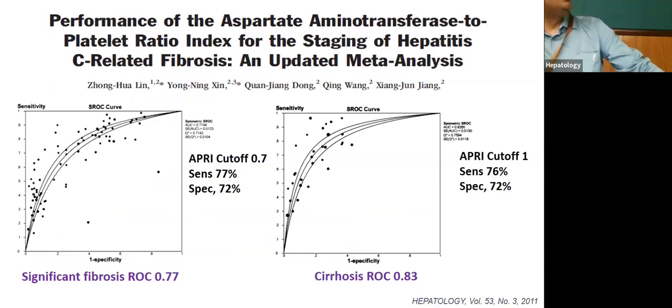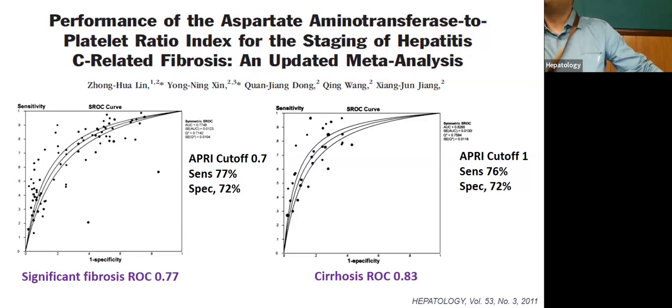So if you see, this was a very good meta-analysis regarding the performance of APRI as a marker of advanced fibrosis or cirrhosis. For cirrhosis, the area under the curve is 0.83 for an APRI cutoff of 1, with a sensitivity and specificity of more than 70%. So just for those who are not aware what area under the curve is: this is a curve of sensitivity on the y-axis and 1 minus specificity on the x-axis. If the area under the curve is 0.5, that means the test is as good as random guessing.